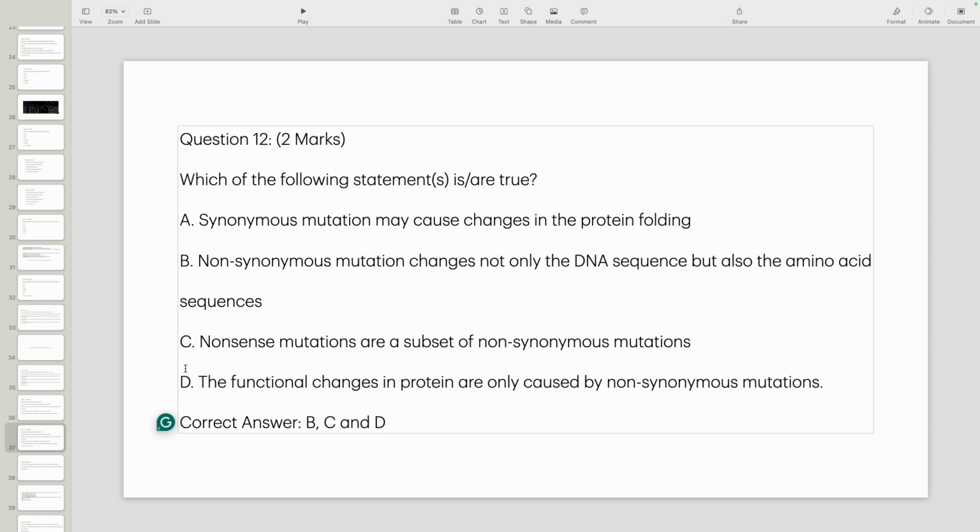Right, fine. Ma'am, as Karthik pointed out, there are not multiple options available to select. So can we choose that non-synonymous mutation changes not only the DNA sequence but also the amino acid sequence? You can choose it because it is also true, but the other options are true as well.